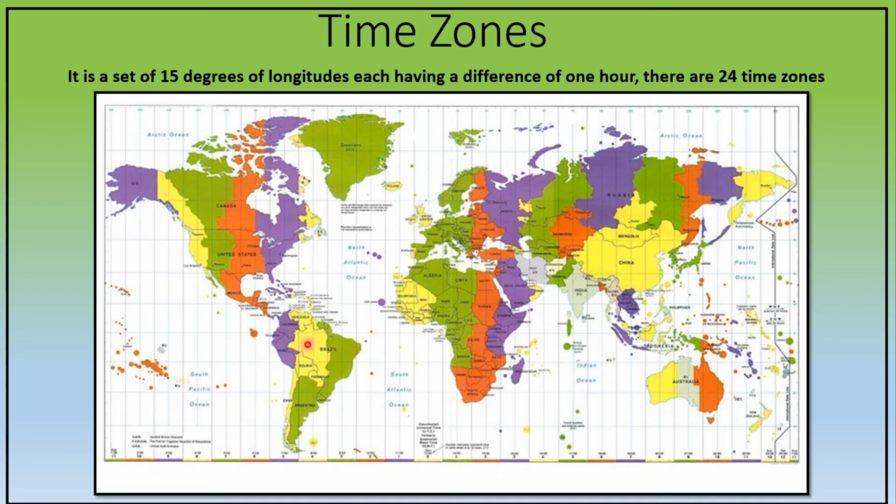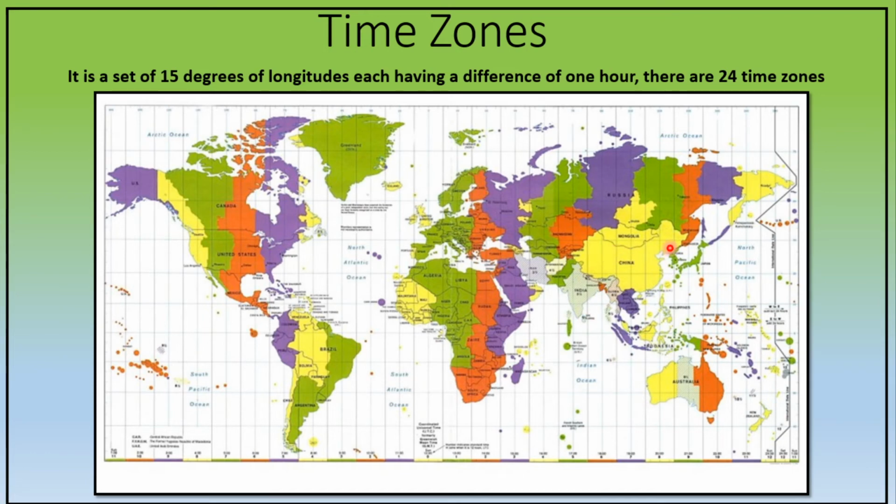This has been done in such a way that each country has one time zone. Though India is a big country and should have had two time zones owing to 60 degrees of longitude, we have stuck to only one time zone.